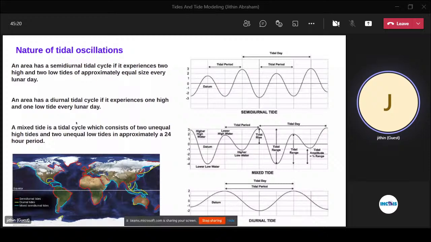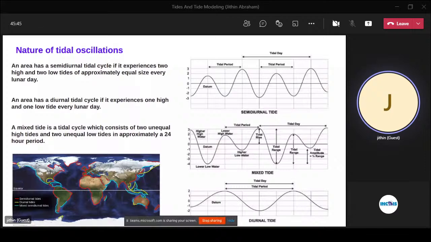In some areas there will be only one high and one low during a day. Those tidal oscillations are called diurnal tides. Here you can see diurnal tides, only one high and one low. And in some locations, the tidal oscillations have a mixed nature.